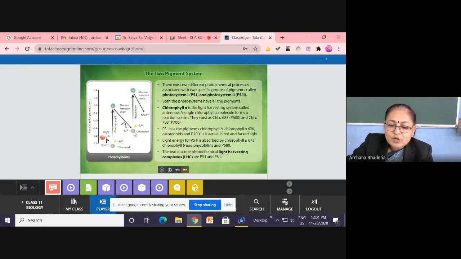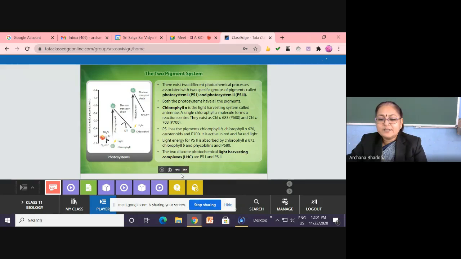Then light quanta hits photosystem 1, which releases electrons that are transported through different electron carriers and go to NADP. Hydrogen from the water molecule also joins here to form NADPH.